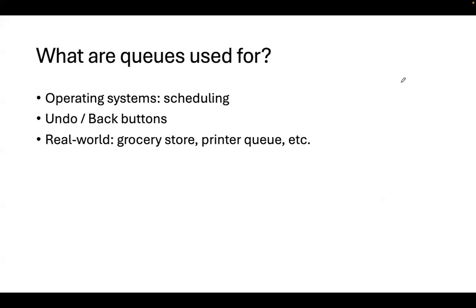All those things in your operating system are scheduled, and this is a queue. It happens to be a priority queue, where certain things that need to happen regularly, like the clock needing to be updated, happen more frequently. Less important things can wait until later. That's a special case of a queue.